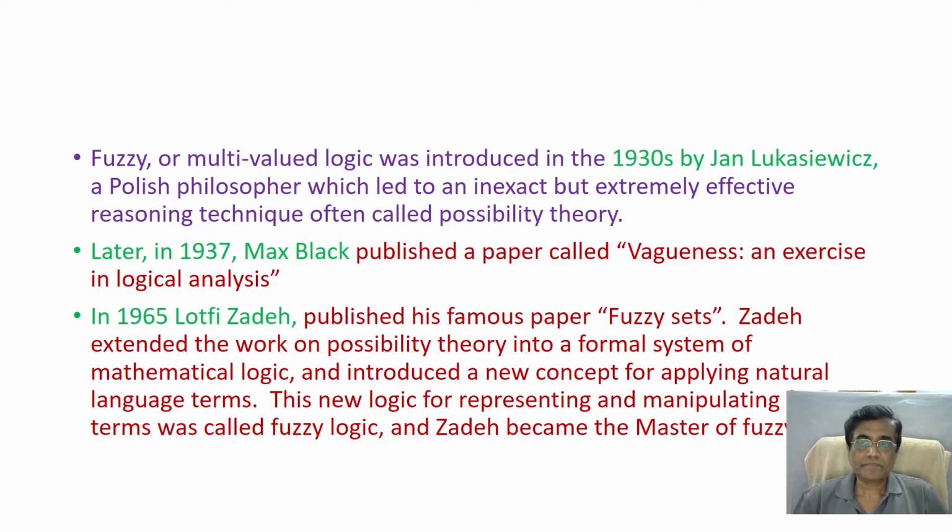Later, in 1937, Max Black published a paper, this is some of the history, called "Vagueness: An Exercise in Logical Analysis." So what role does vagueness play in analyzing things logically? As I gave the example: come straight, turn right, straight, right.